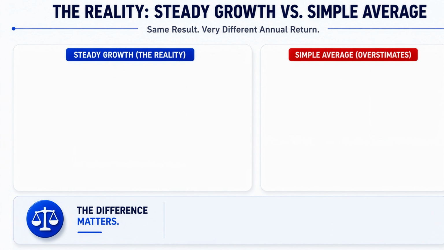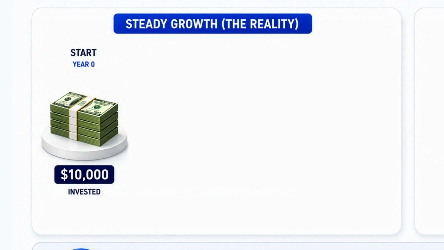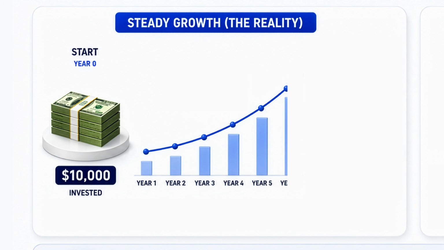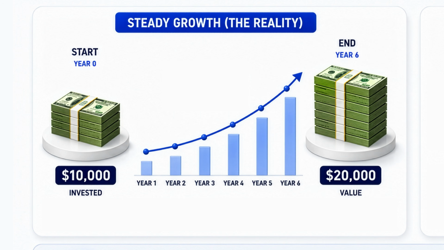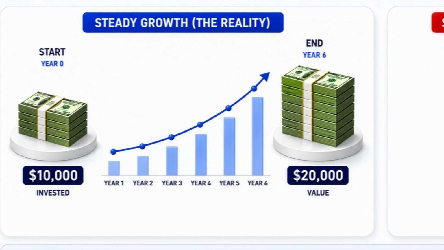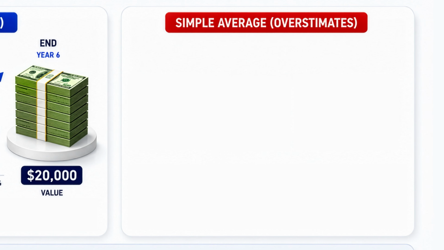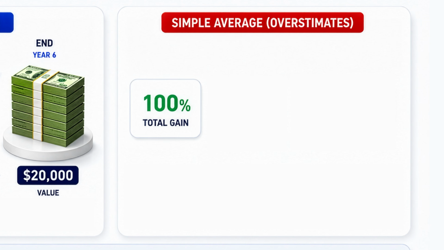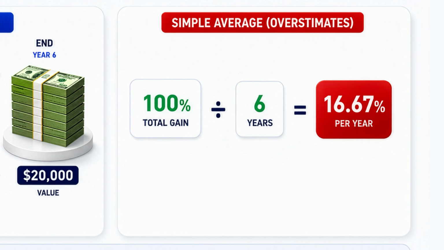Let's say an investor buys an asset for $10,000 and it doubles in value over 6 years. That's a 100% gain. Some people might take that 100% and divide by 6, thinking the average yearly return was 16.67%. But that's not how investing works.